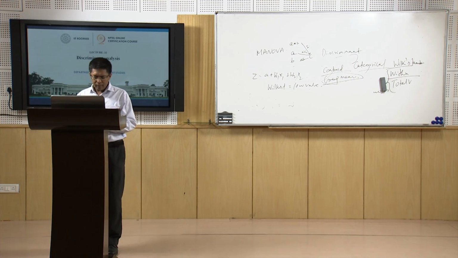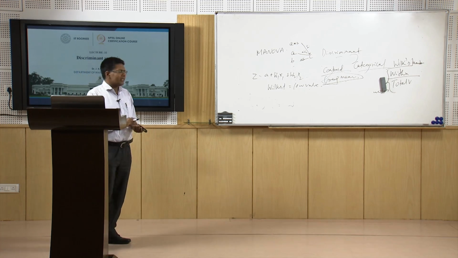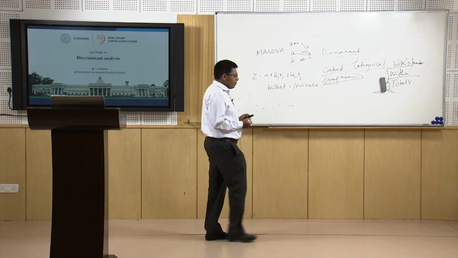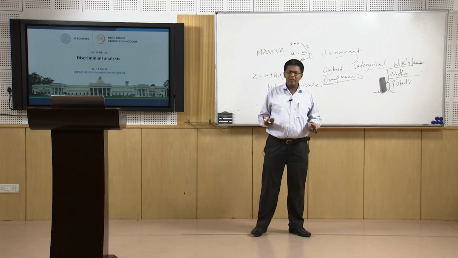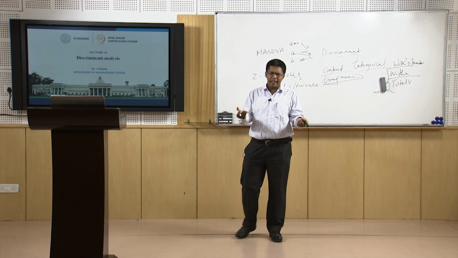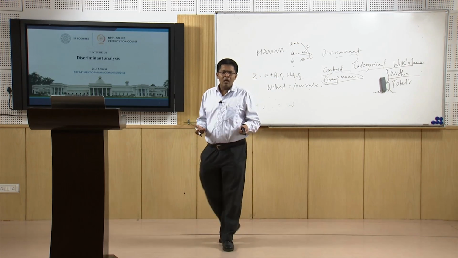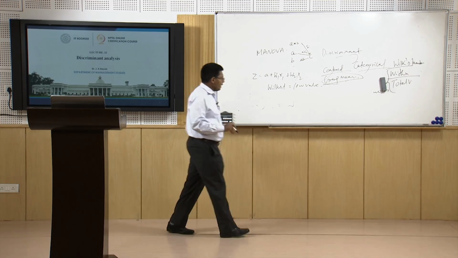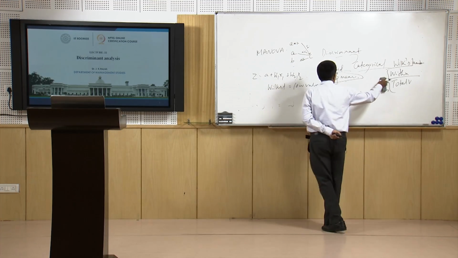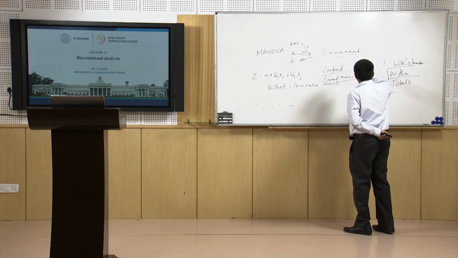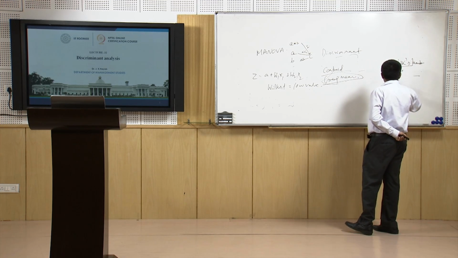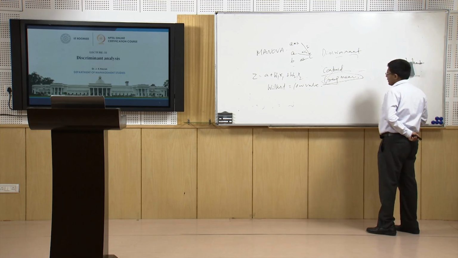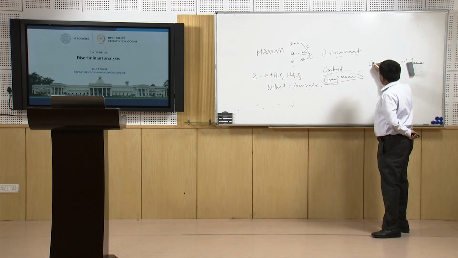As I said, discriminant analysis has a very practical significance. It helps you predict and find out how accurately you can predict. One more thing, when I am talking about group mean, centroid and Z score, there is another thing important for you to understand, that is something called a cutting score.